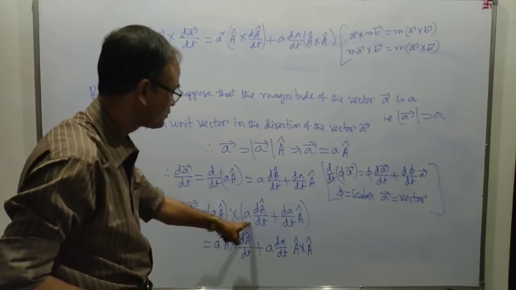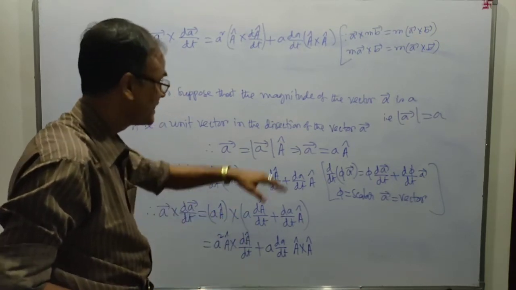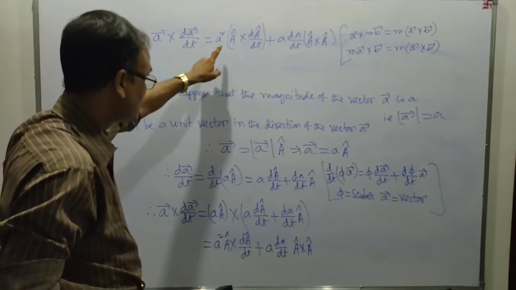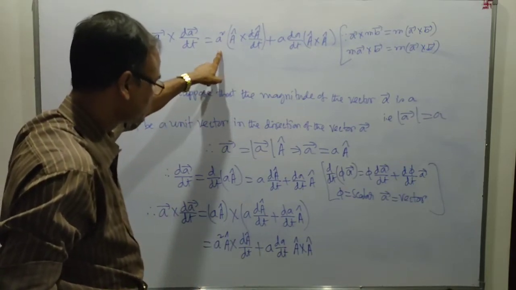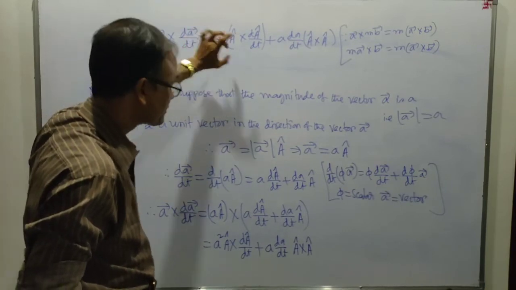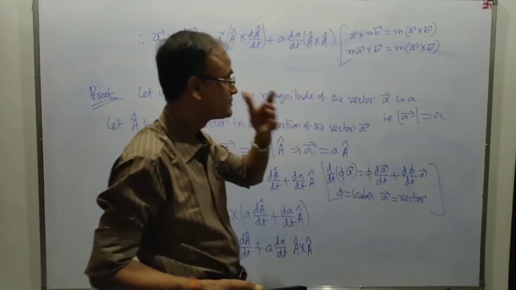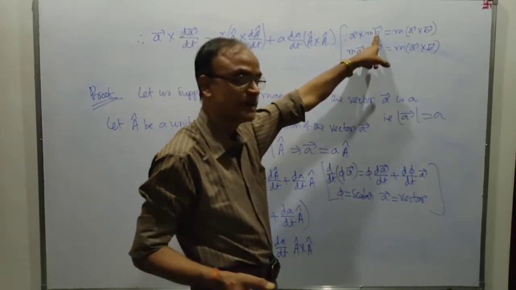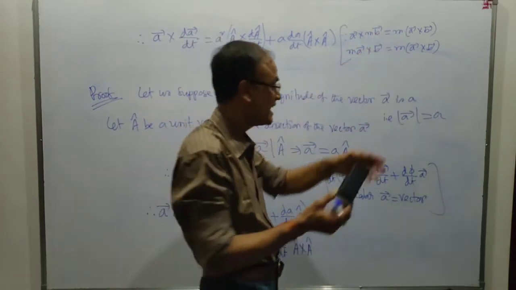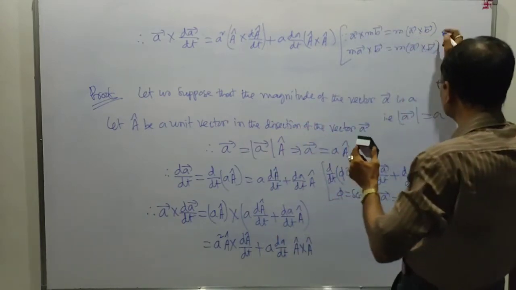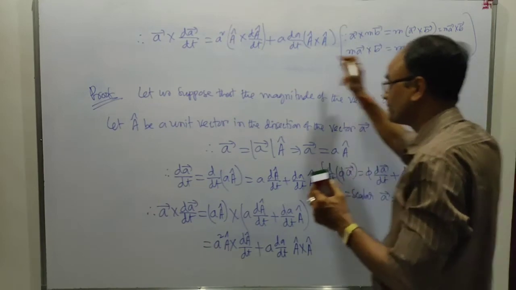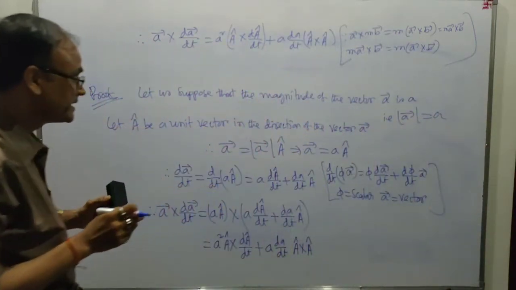The scalars A and small a can be taken outside the vectors, following this. You may write m A vector cross B vector also, like this. This formula has been applied here.